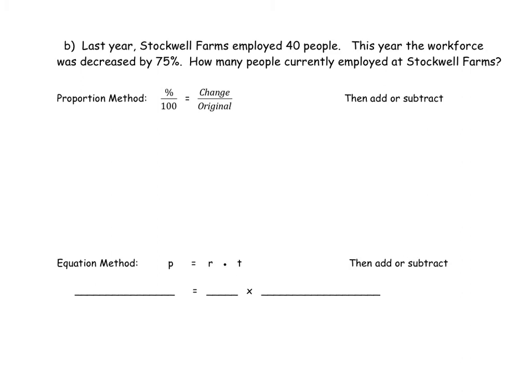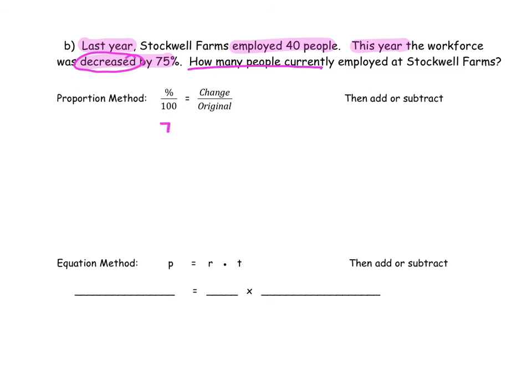Let's first highlight important information. Last year Stockwell Farms employed 40 people. This year, there was a decrease of 75%. And the question we're being asked is how many people are currently employed. And we also want to notice this word decrease is important.